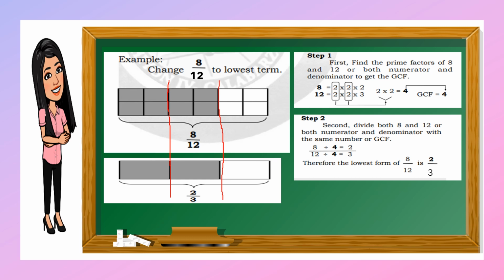So, 2 shaded part, and then divided into 3, so naging 2/3. So, pwede kayong gumamit ng illustration or pwede kayong kunin ang GCF para mag-divide. So, yan yung pag-change ng fraction into lowest term.